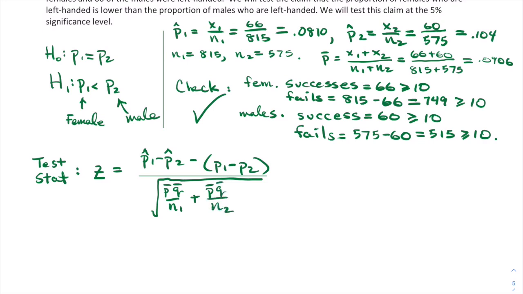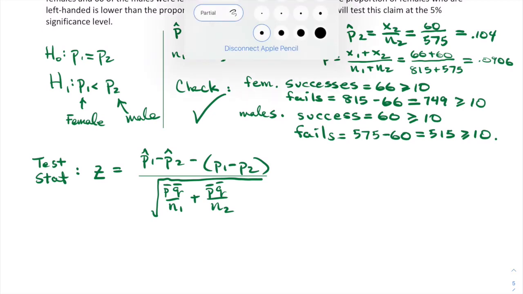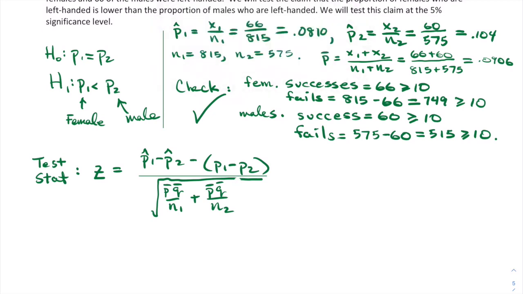Okay, so there's the formula. And let's go ahead and put our numbers in. Remember, the difference between the population proportions is 0 because we're assuming they're equal. So assume the difference is 0. And P hat 1 was 0.081 minus P hat 2, that's 0.104. And then, of course, we're subtracting 0, so we just ignore that.